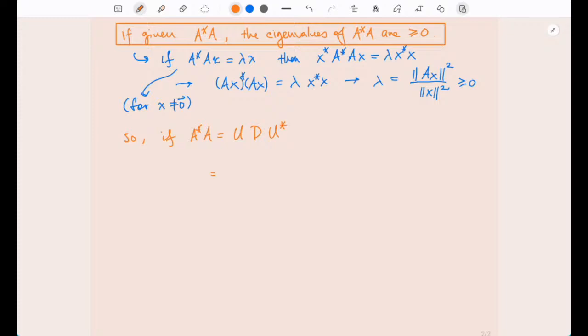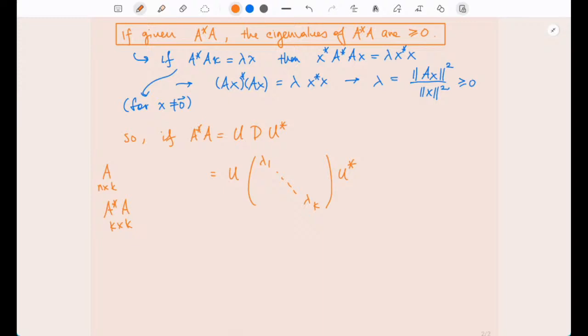Now this D, we have lambda 1 through lambda k. This is diagonal. So what are the sizes? If A is m by k, A star A is going to be k by k. So this is actually lambda k.